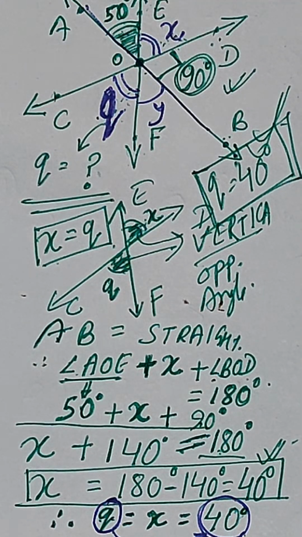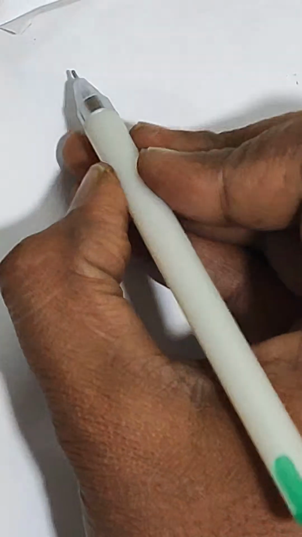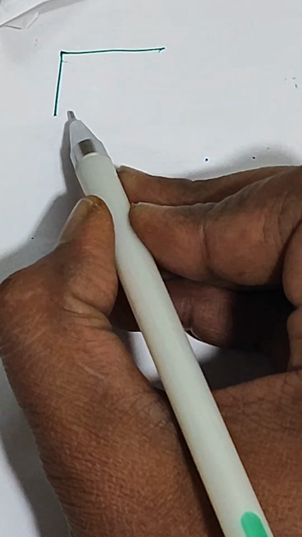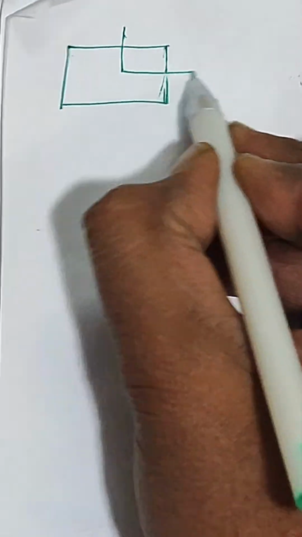A cuboidal cartoon is given to you. So you know the shape of a cuboid. This is a cuboid. If you see from the side, it is looking like a rectangle.